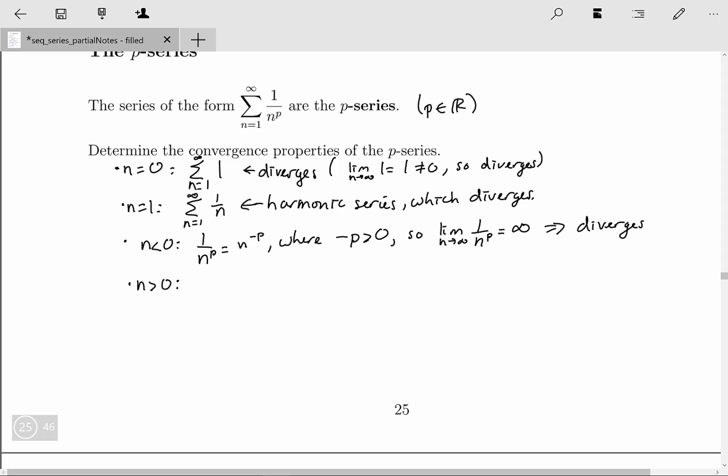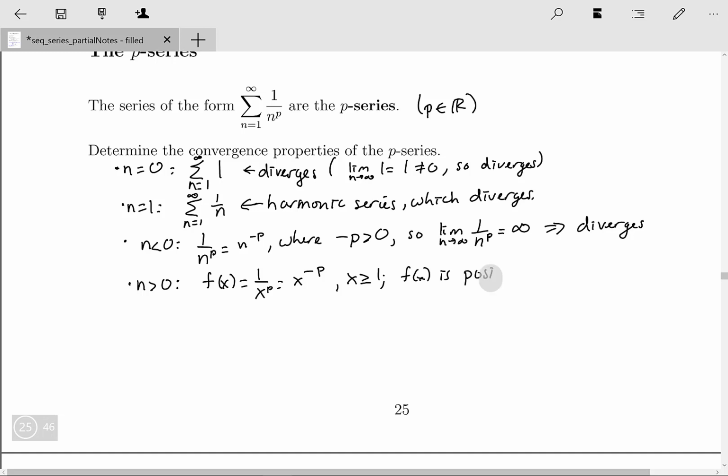So let's look at what happens if p is positive. So if p is positive, f of x is going to be 1 over x to the p, which is x to the negative p. And for x greater than or equal to 1, we could see f is positive and continuous.